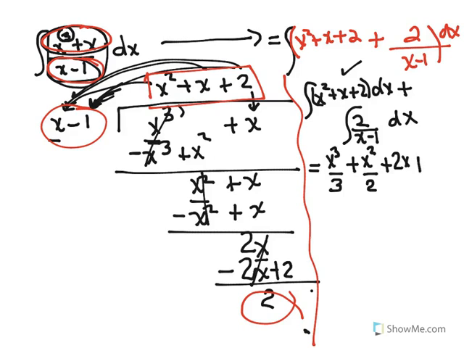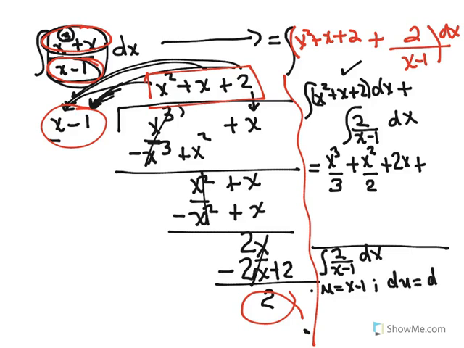And then to find the second integral, you are going to have to think about doing a u-sub. So we're going to call u x minus 1. Obviously, du is dx. So this will be 2 times du divided by u, which is 2 times ln of u, and of course u is x minus 1, so it is 2 times ln of x minus 1.